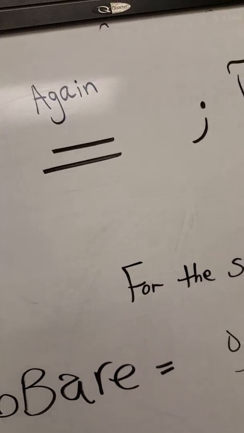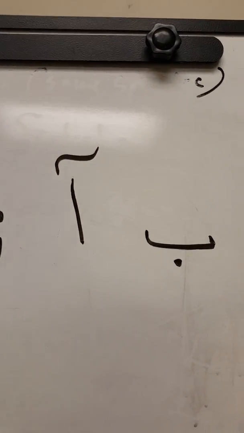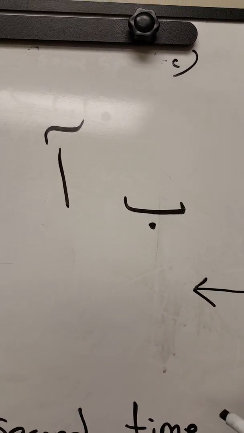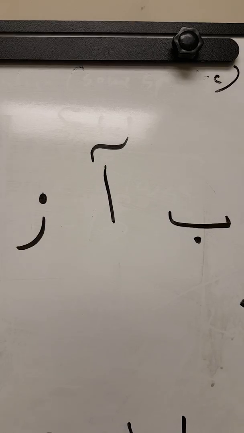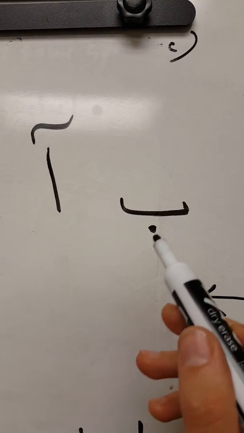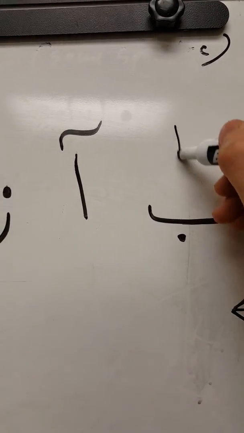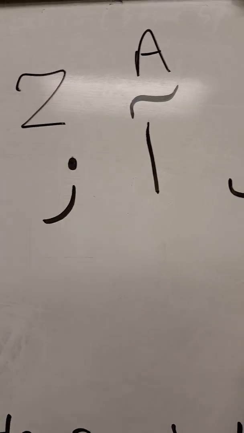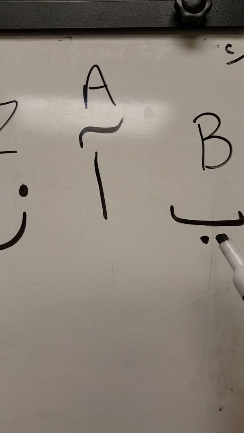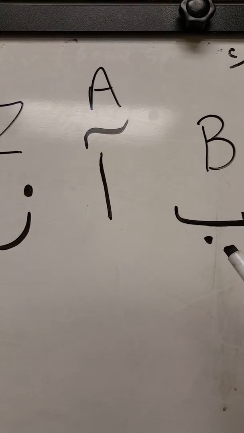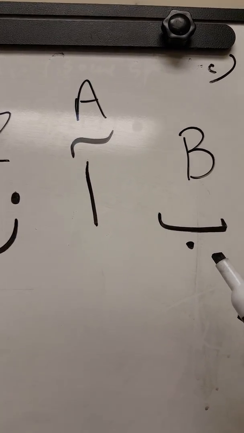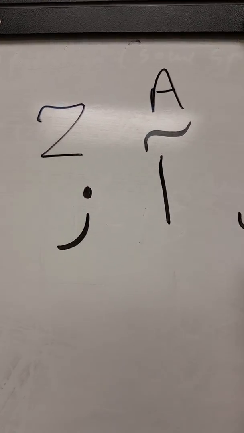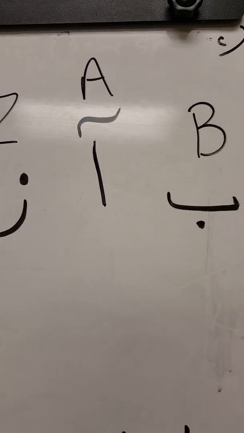So I'm going to write it. So you start from right to left. So it's completely opposite direction from English. So this is B, this is A, and this is Z. In Farsi, you have to attach different alphabets together if possible, if it looks nice.